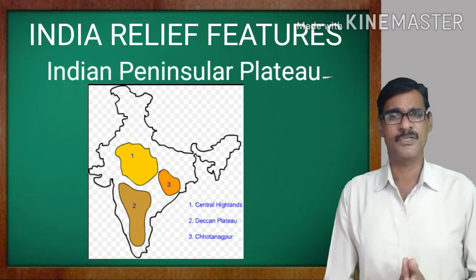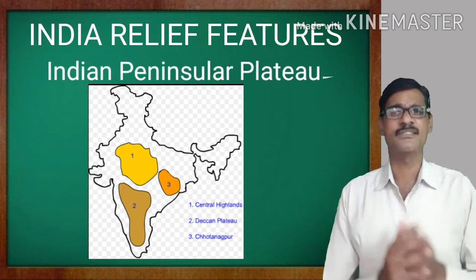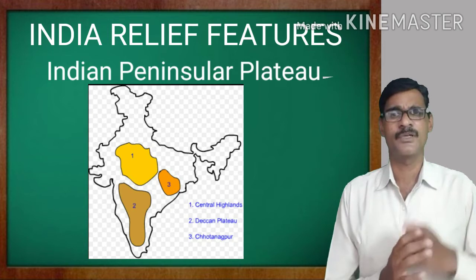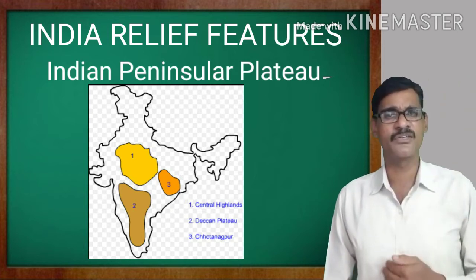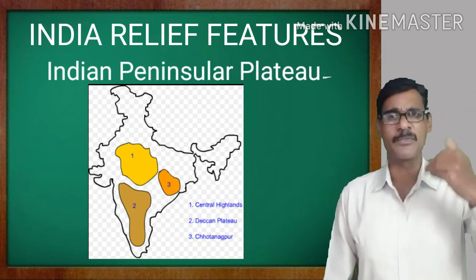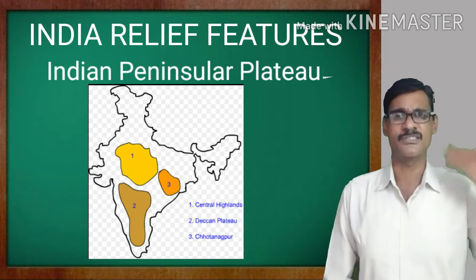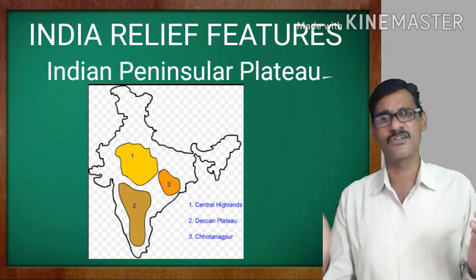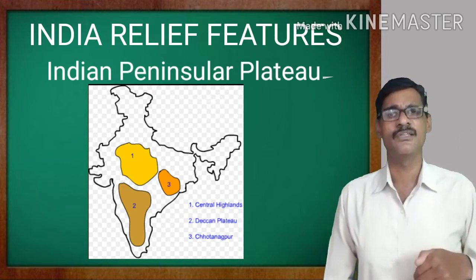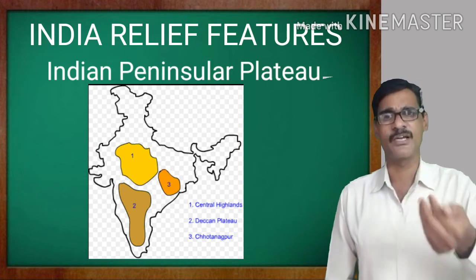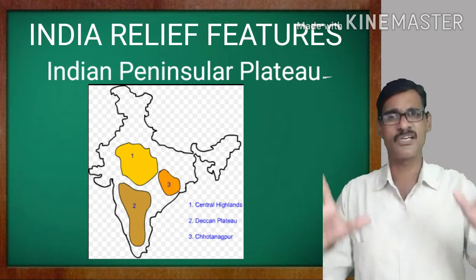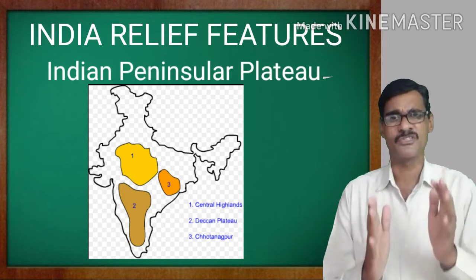Here, it has the boundaries. On the north, we have the Indo-Gangetic Plains. In the east, Eastern Ghats and Western Ghats, and in the south, the southernmost tip of Kanyakumari. These are the borders of the Peninsular Plateau.